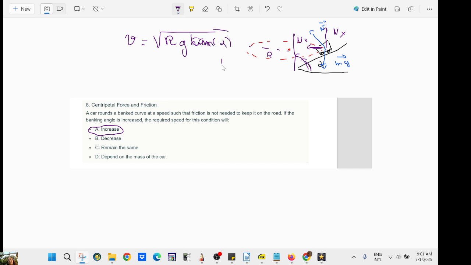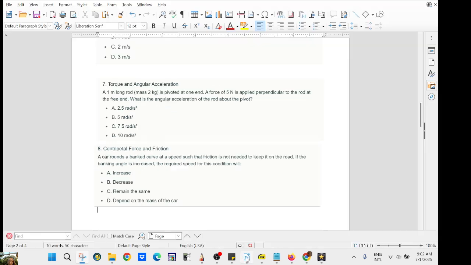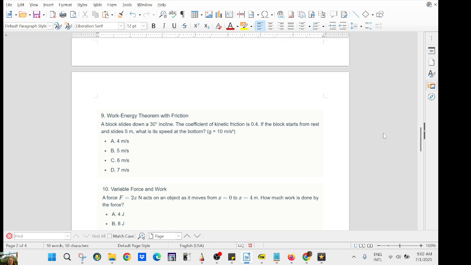So if alpha goes up, tan goes up, so the speed also has to go up. You can look online for how to solve it, but it's just conceptual here. Okay, let's see if we have one more. We have two more to go.